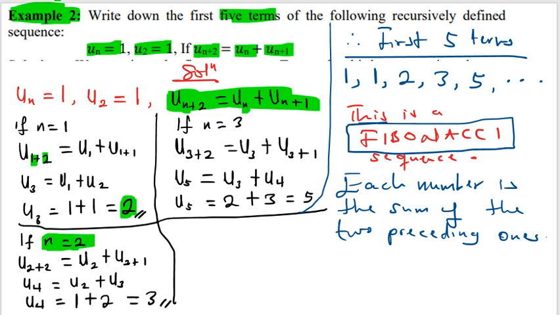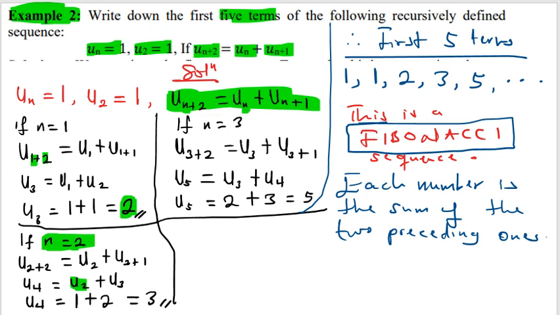So u4 is going to be u2 plus u3. What is u2? u2 is already in the question as 1. Then u3 is what we just found, u3 is 2, so we also put 2 here. Then 1 plus 2 will give us 3. So u4 is 3.